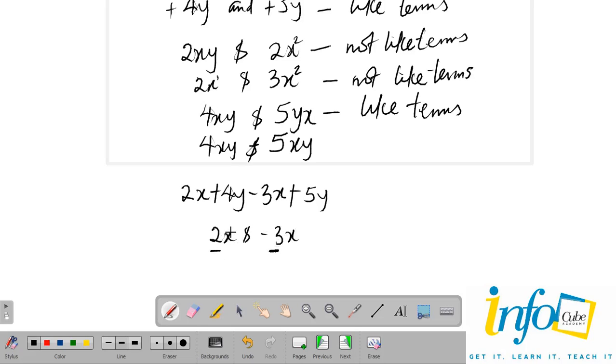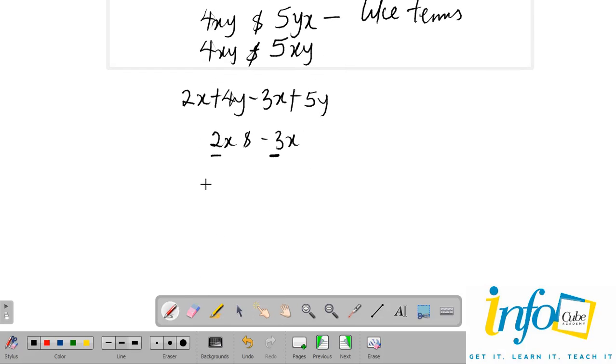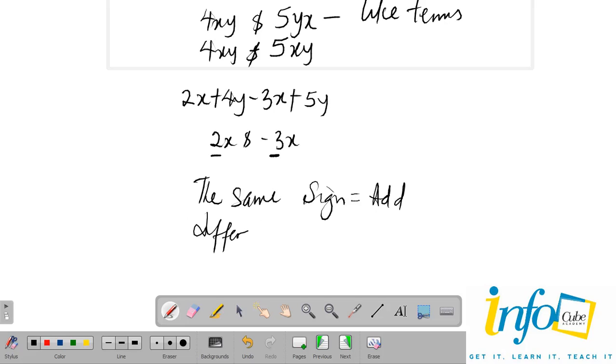And now that will take us back to the last episode where I explained how to add and subtract numbers, where I told you that when you have the same sign, you add. When you have different signs, you subtract.